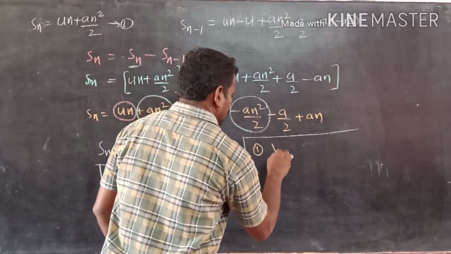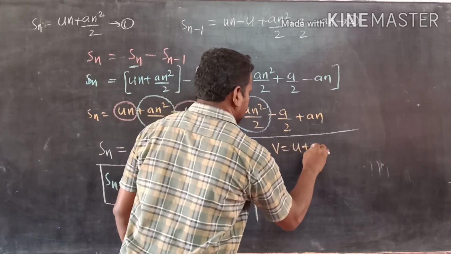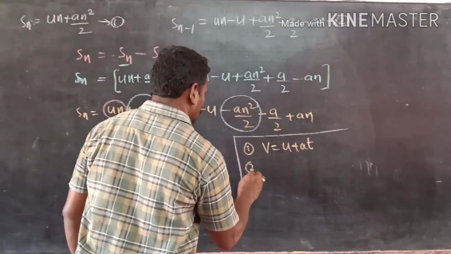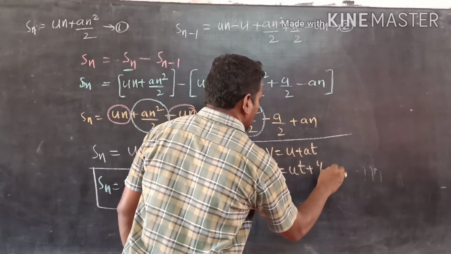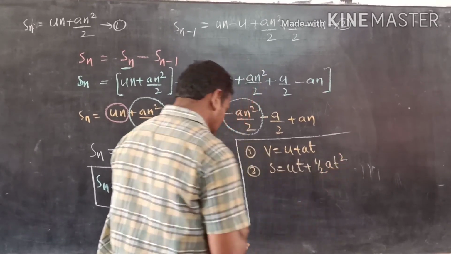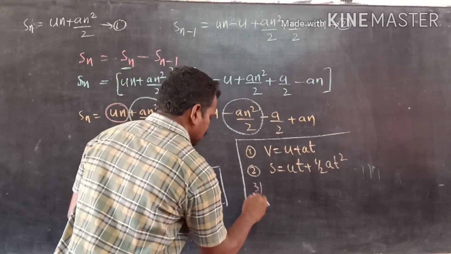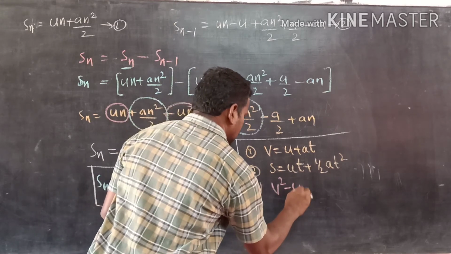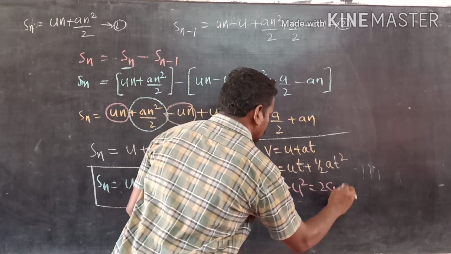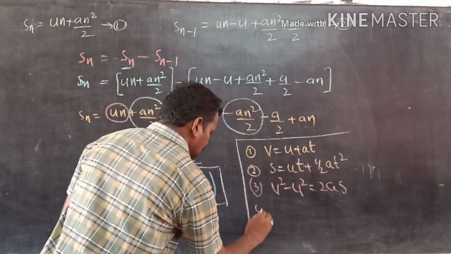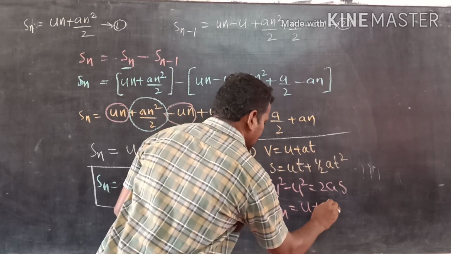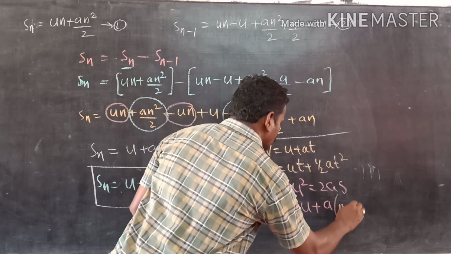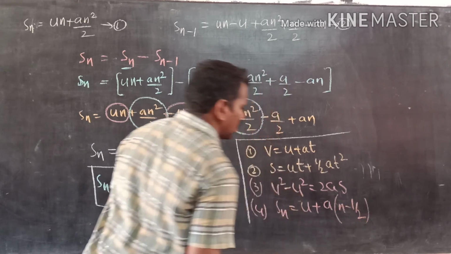Number 1, v is equal to u plus at. Number 2, s is equal to ut plus half at square. Number 3, v square minus u square is equal to 2as. Number 4, Sn is equal to u plus a into n minus half.